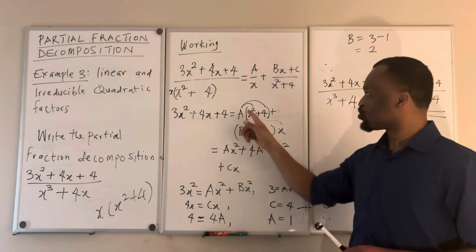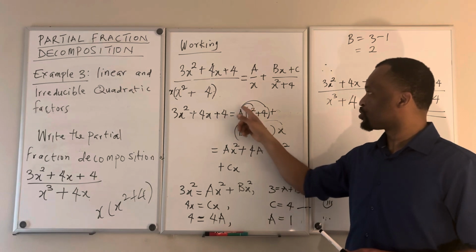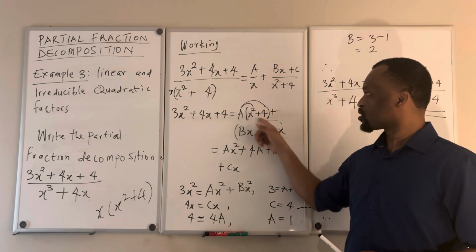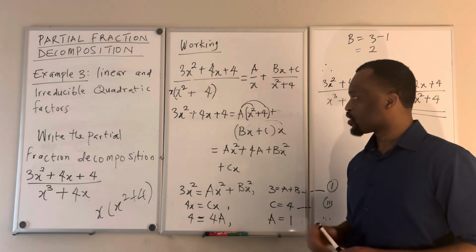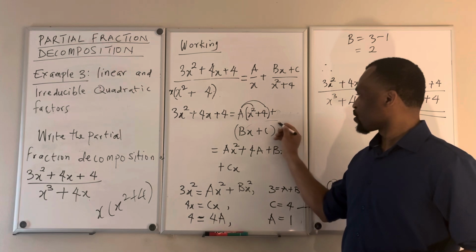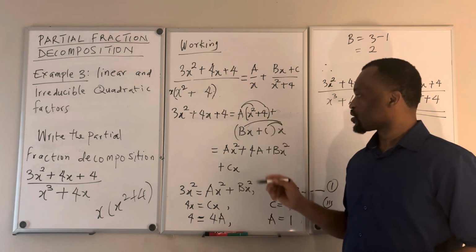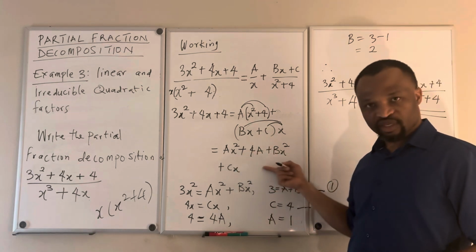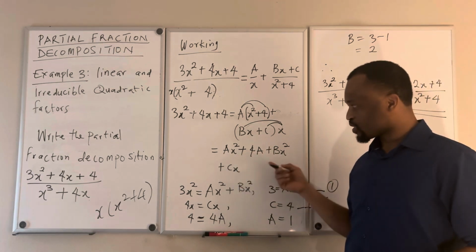The next step will be to distribute a into the quadratic factor here, and distribute x into what we have in the bracket here. When I do that, we'll have this expression on the right hand side.